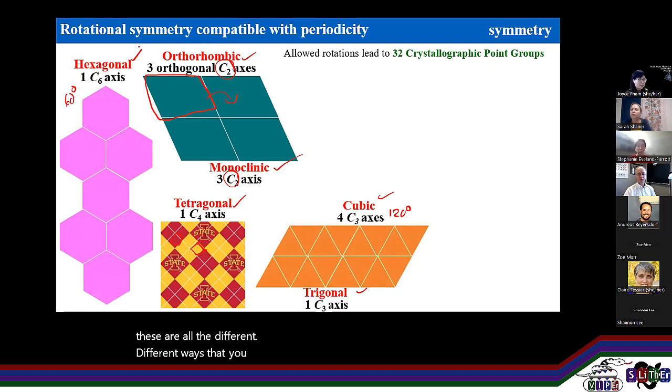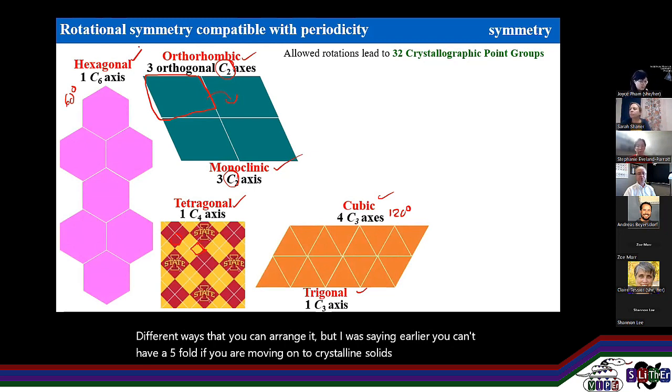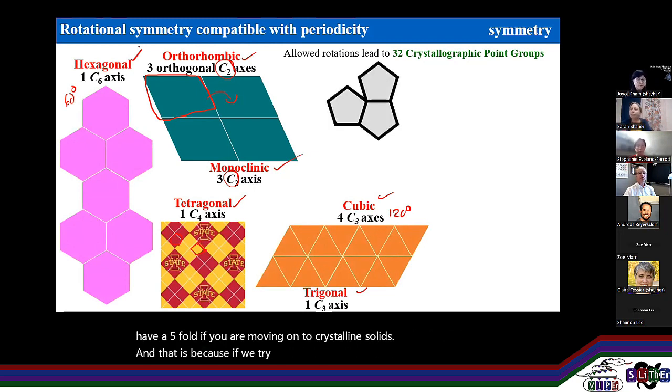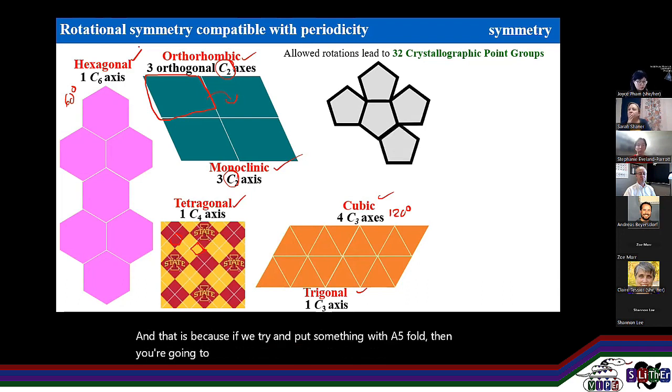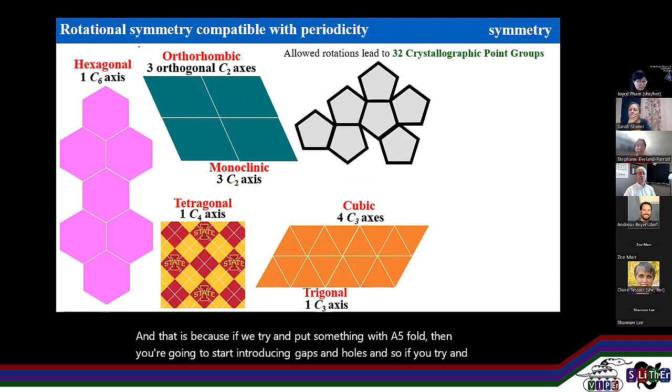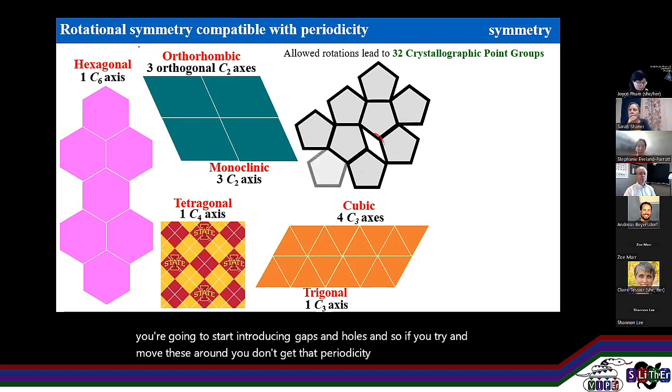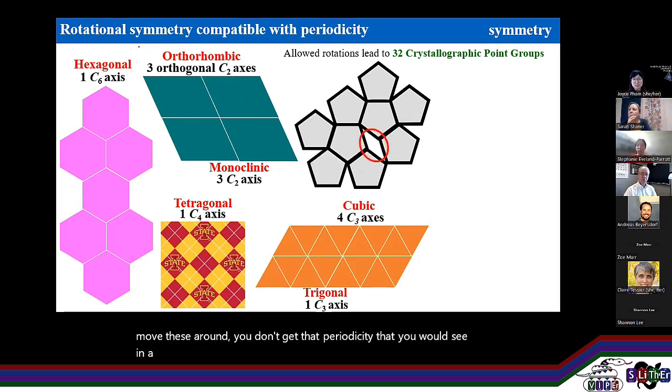But I was saying earlier, you can't have a fivefold if you are moving on to crystalline solids. That is because if we try and put something with a fivefold, then you're going to start introducing gaps and holes. And so if you try and move these around, you don't get that periodicity that you would see in a crystalline solid. People study this as a whole other field.